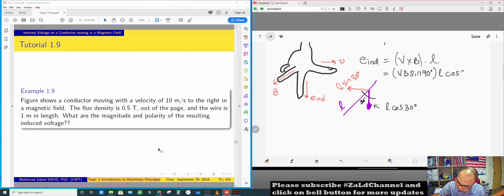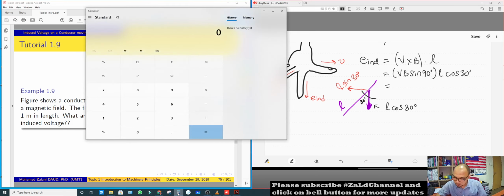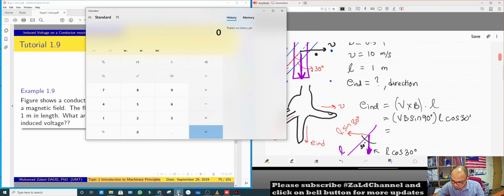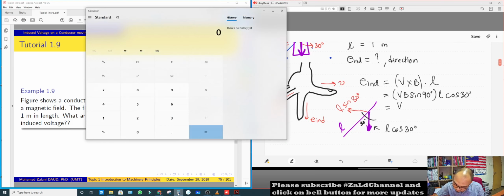So using L cosine 30 degree, just write it here. So L cosine 30 degree. Cosine 30 degree is 0.8660. Where's my calculator? So we just substitute all of the values that we have. From here, V B sine 90 degree is 1, L cosine 30 degree, right?